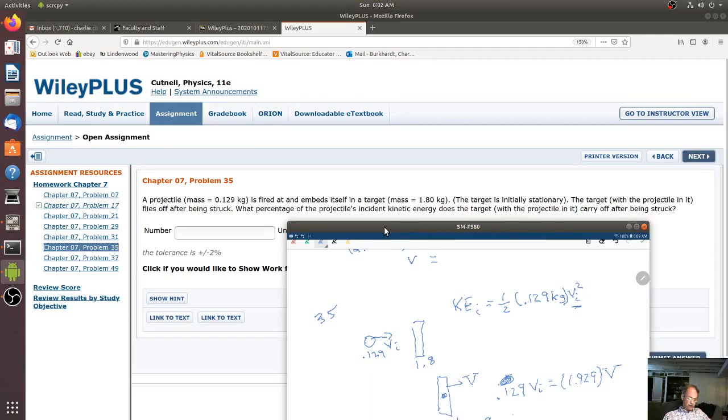What's the final kinetic energy? Well, that's due to the motion of this projectile and target stuck together. So that is 1/2 times 1.929, that's the mass after the collision, times this velocity squared.